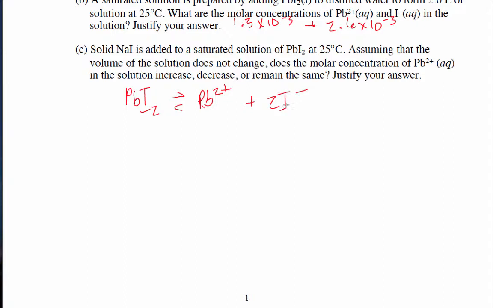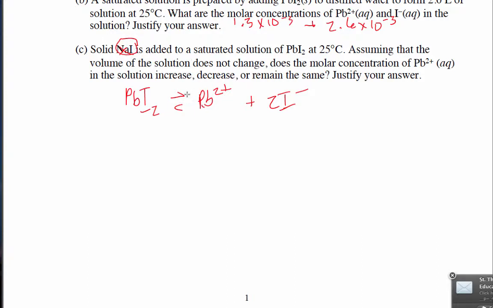Now, paying attention to this, when I add in sodium iodide, because we're paying attention to the solubility, I already know that my sodium ions are going to float around in solution because it's completely soluble. It has a very, very high Ksp value. Now, that means what I'm really adding to the solution is just these iodide ions.